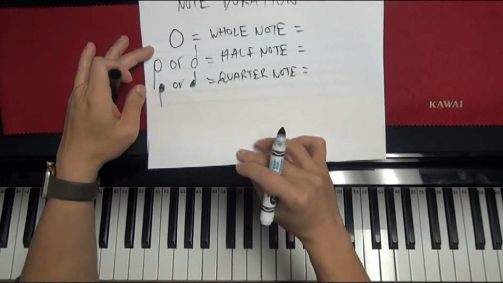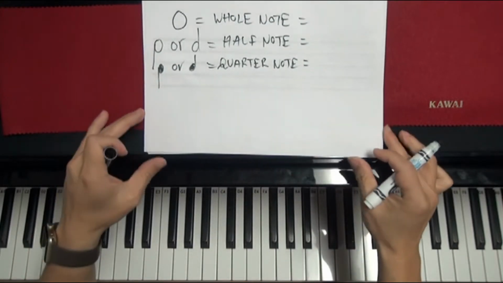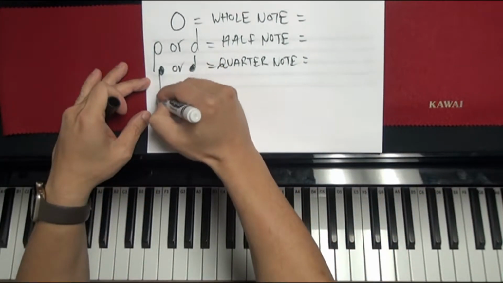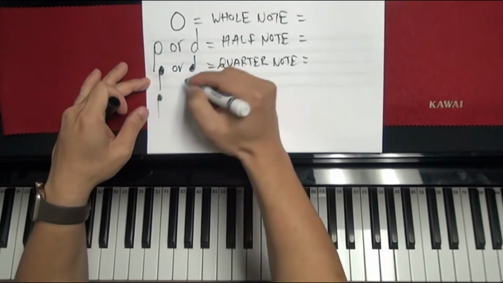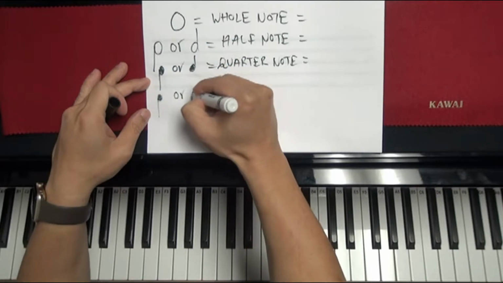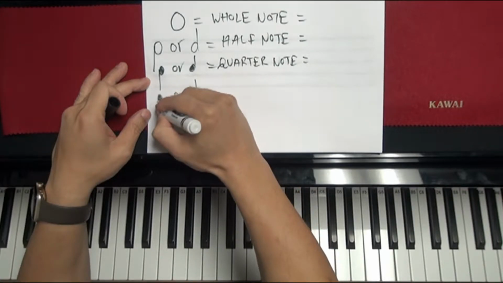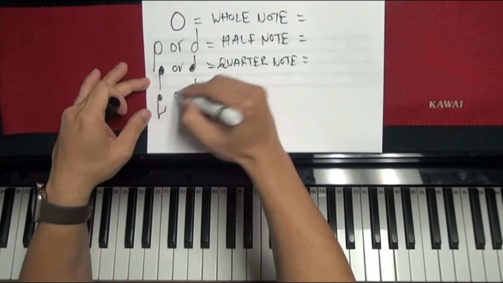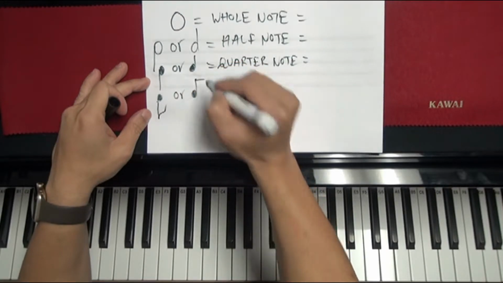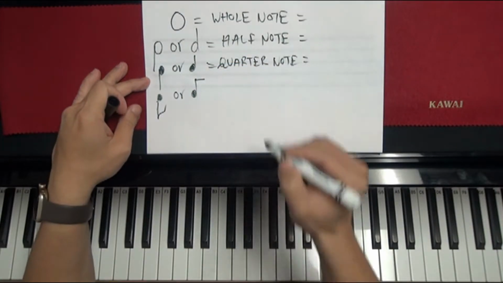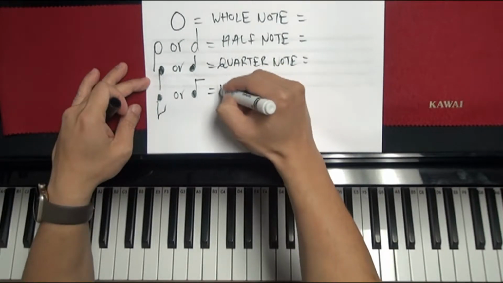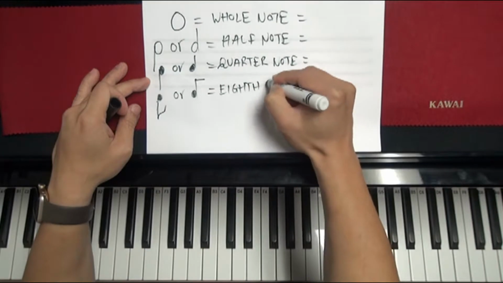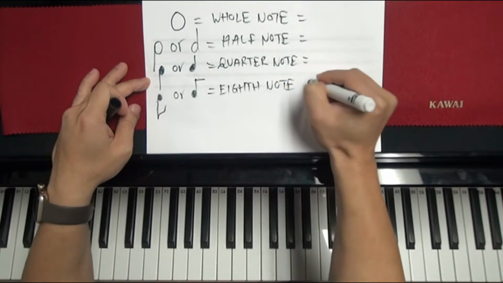And then if you take this quarter note, a darker note, and you add a flag to the stem of it, whether it looks like that or just like that, that's called an eighth note.